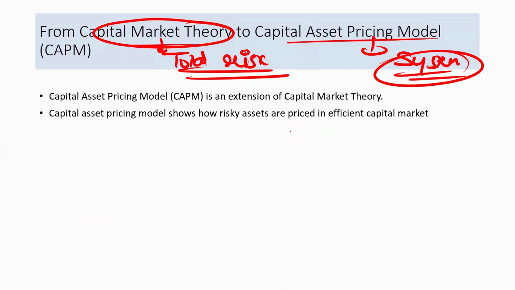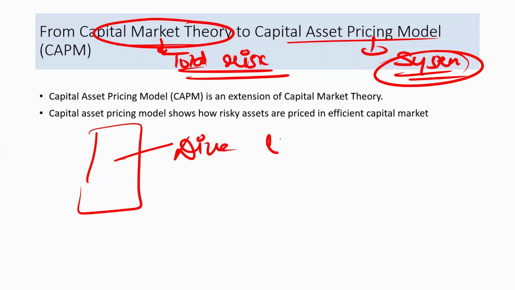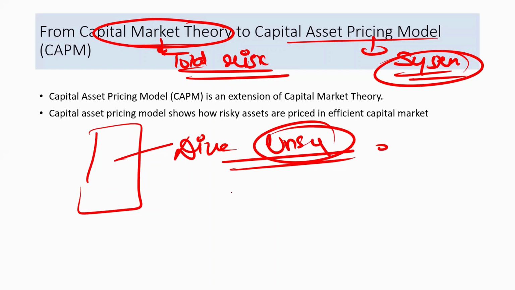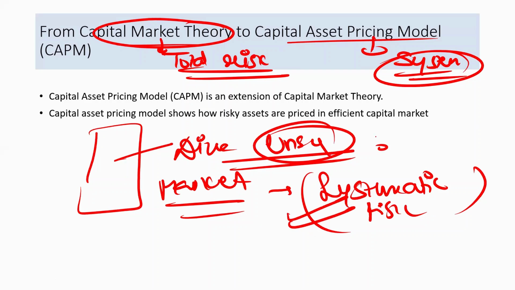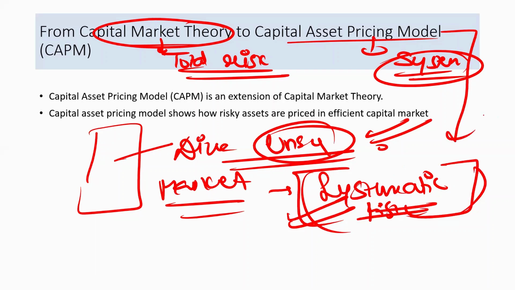It does not consider your unsystematic risk. It works on a major assumption that the investor has diversified all the unsystematic risk and is now investing in the market just to earn the return over the systematic risk. A very basic policy of the market is that if you are investing in the market systematically, the market will reward you, but if you are making unsystematic kinds of investment, the market will definitely not reward you. So systematic risk is the basis of this theory.